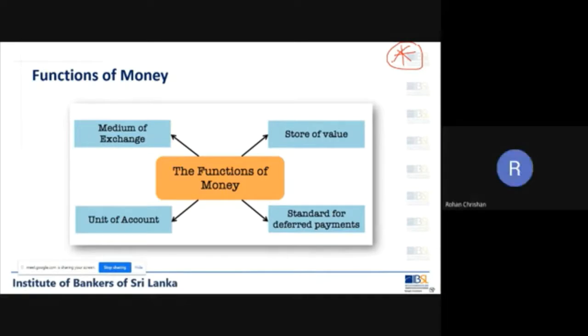Standard for payments. Which means medium of exchange, right? Not the standard for deferred payments. It's actually a medium of exchange. You use it for transactions. QR code is not money, but it fulfills some of the functions of money.